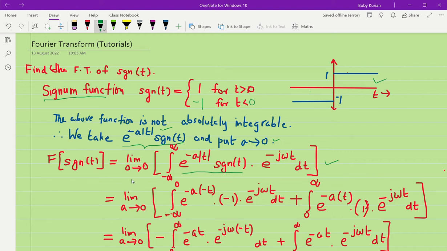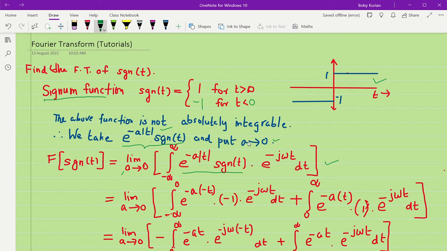Look here, we need to note down that since the function is not absolutely integrable, we have to modify this function. That is, sgn of t is not absolutely integrable. That is why we are considering the function e power minus a into mod t into sgn of t.